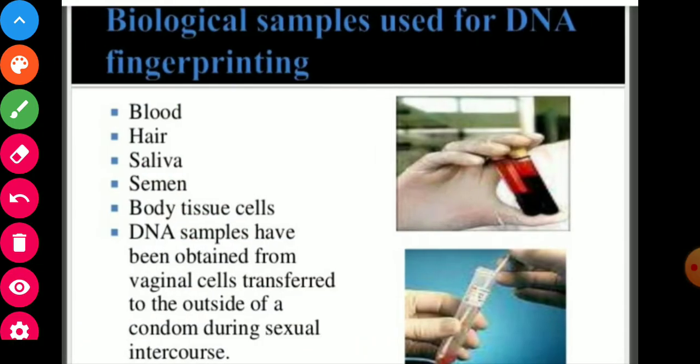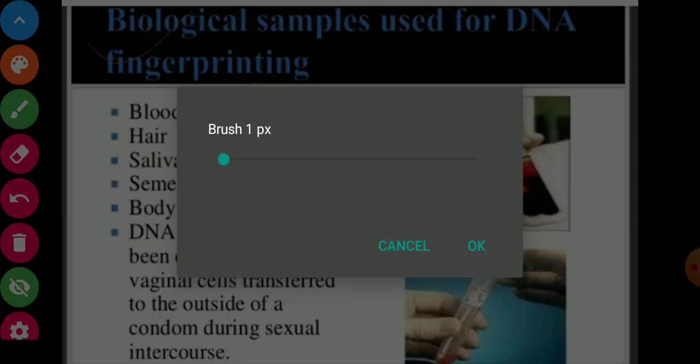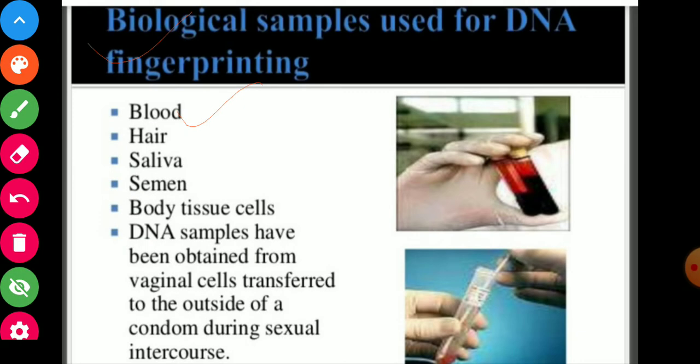Now, the biological samples used for DNA fingerprinting. So what are the samples which can be used in DNA fingerprinting? Here blood can be used, and hair follicle can be used, saliva can be used, semen can be used, body tissue cells.